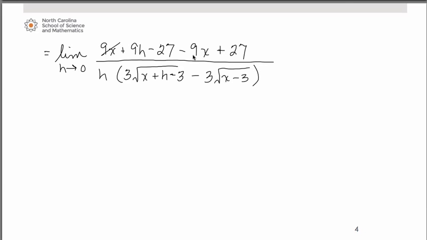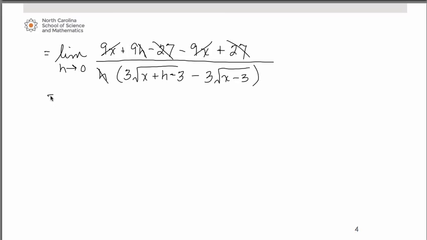So these canceled, and these canceled. The h's then cancel because all you have there in the numerator is that 9h. So you have the 9 in the numerator, and then this whole expression with the square roots in the denominator.